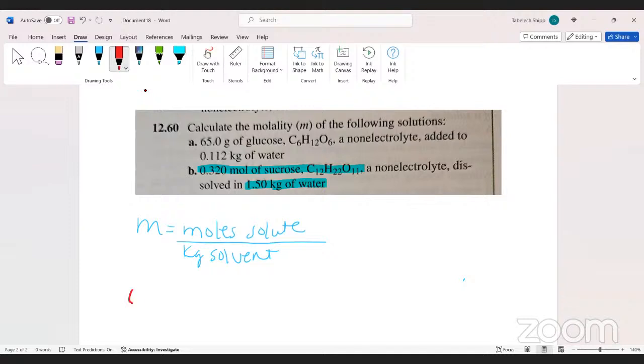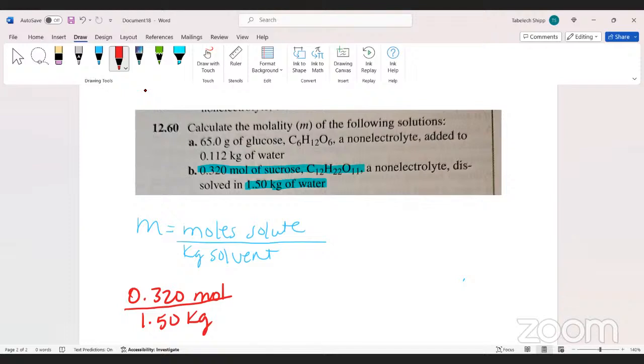First thing you need to do is take the 0.320 moles and divide that by the kilograms. So you know what we did here in this problem? We already put the number of moles in moles. So you didn't even have to do an extra step. But in the first problem, they gave you grams and you had to do an extra step by simply converting that number.